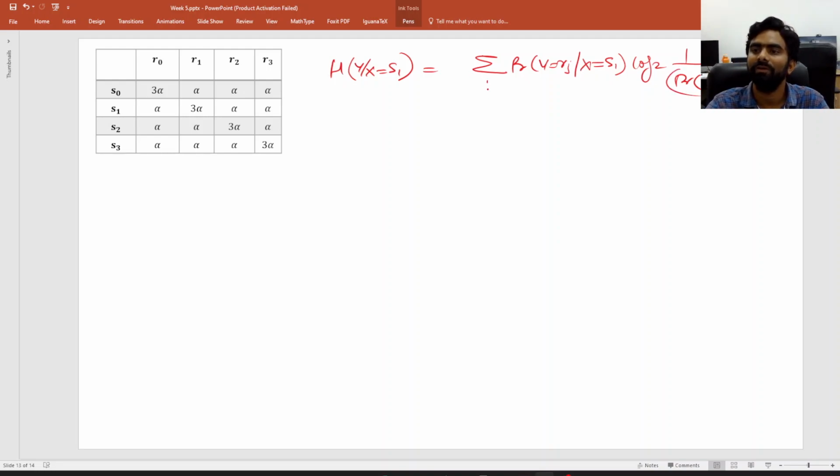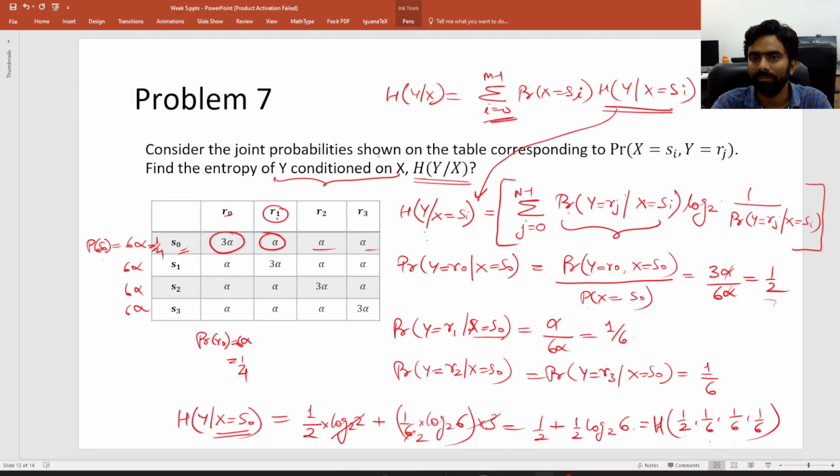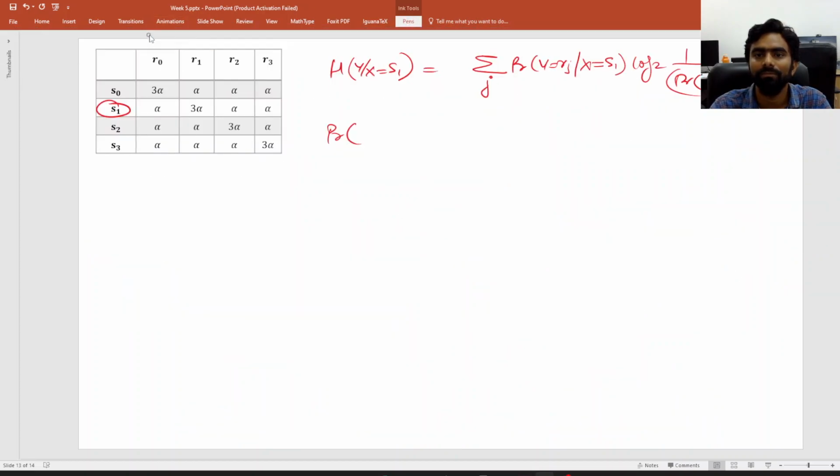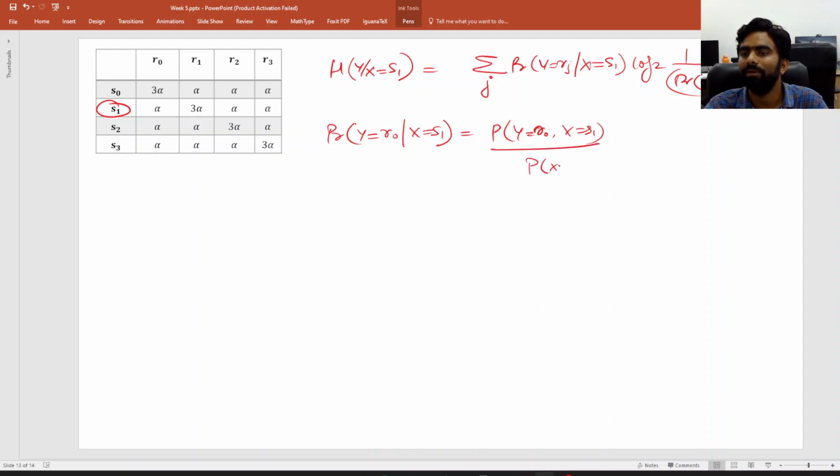Corresponding to s1, probability of Y equal to r0 given X equal to s1 would be probability of Y equal to r0 and X equal to s1, divided by probability of X equal to s1. Corresponding to s1 we are calculating.